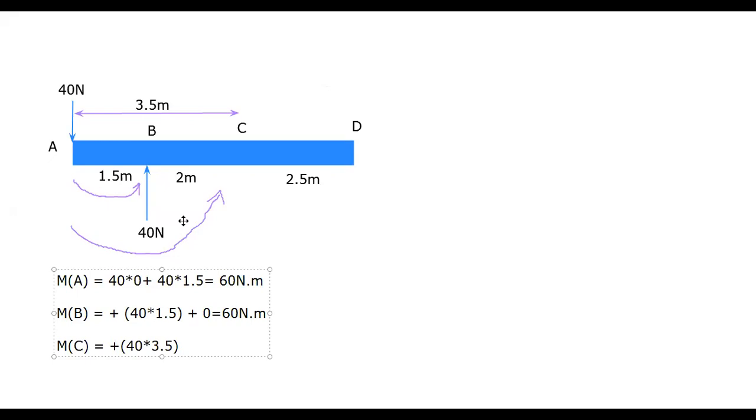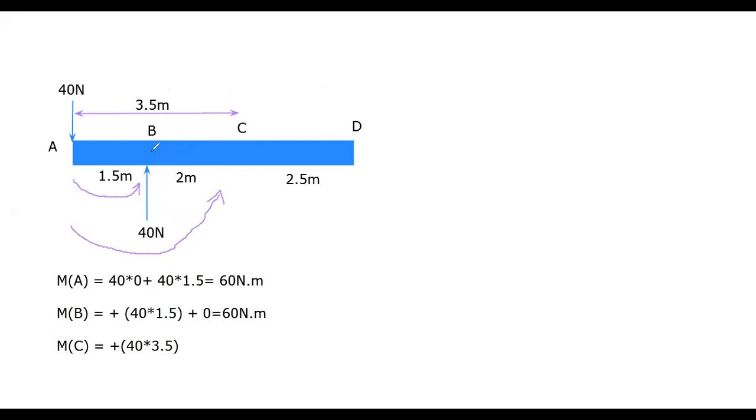Okay, next one is again the next force, which is the force in upward direction, which is 40 Newton. So therefore, this force now will create the moment in clockwise direction about point C. This will create a clockwise moment.